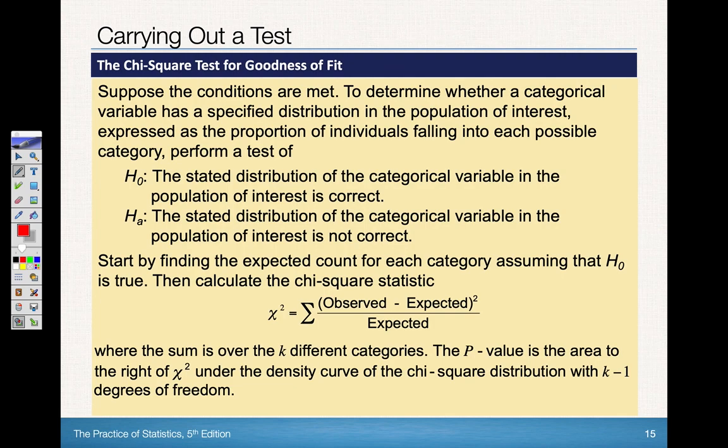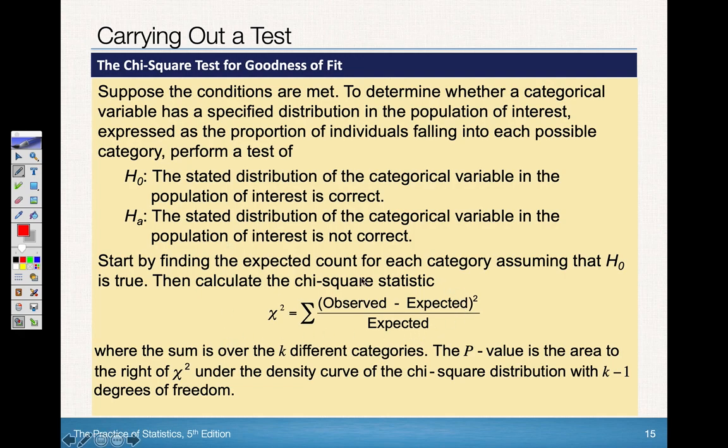So we're going to be at the point now where we're going to summarize the test. Suppose our conditions are met. Our null hypothesis will always be that the distribution of whatever categorical variable you're looking at, like the distribution of colors of M&Ms, is correct. And then the alternative will always be that the distribution of the categorical variable is not correct.